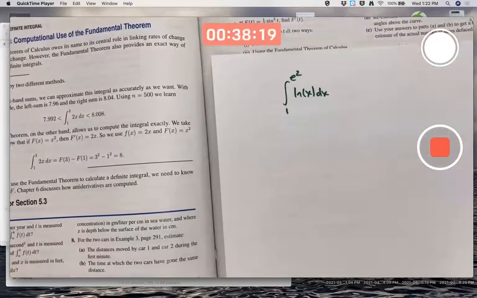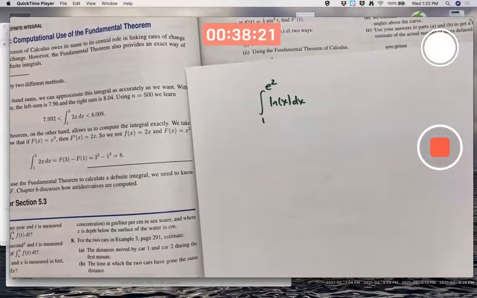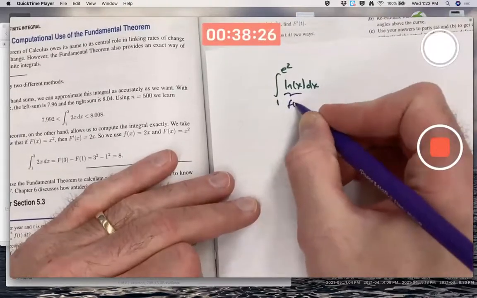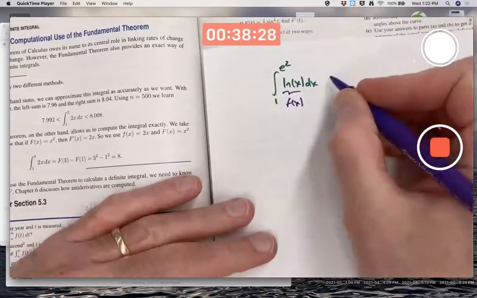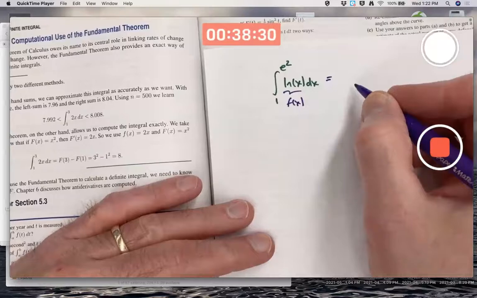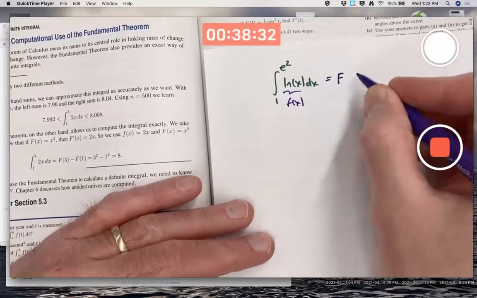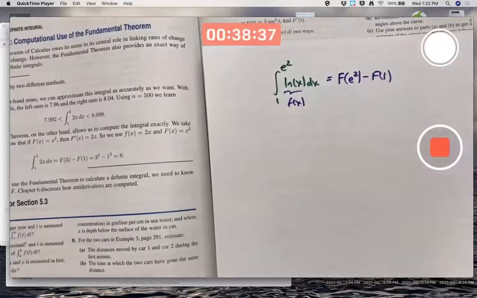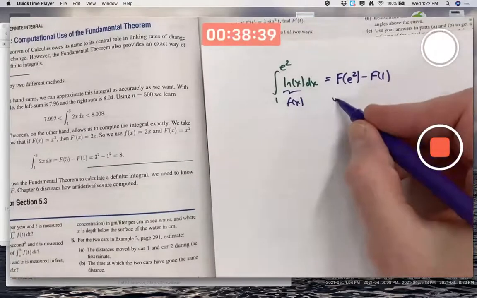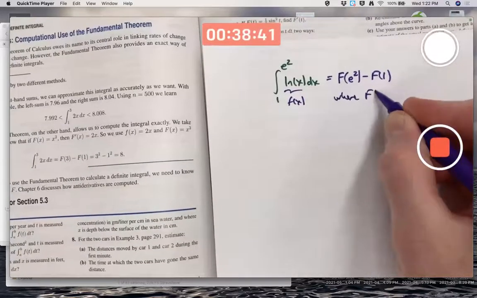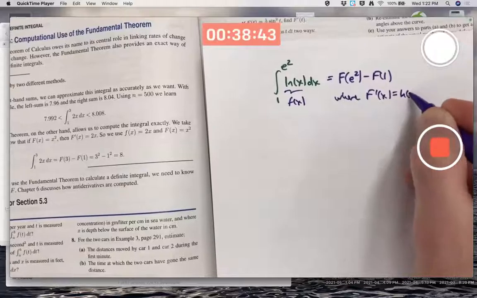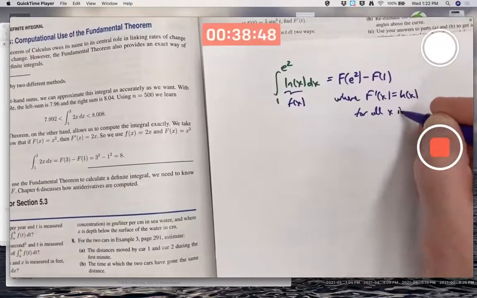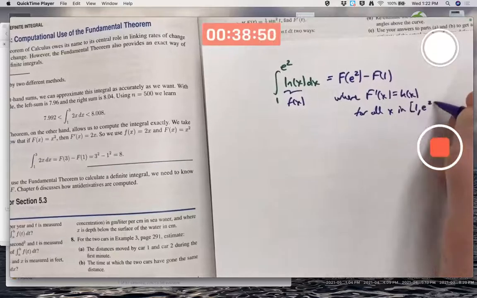According to the fundamental theorem of calculus, if this is my little f of x, if I can find a capital F whose derivative equals little f, then I can just do capital F of e squared minus capital F of 1, where capital F prime of x equals natural log of x for all x in the interval from 1 to e squared.